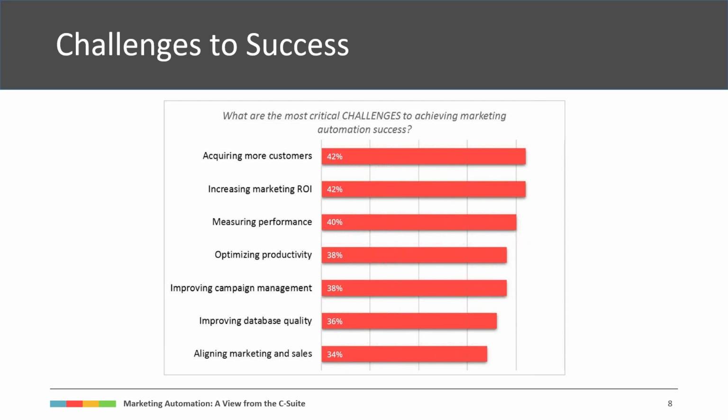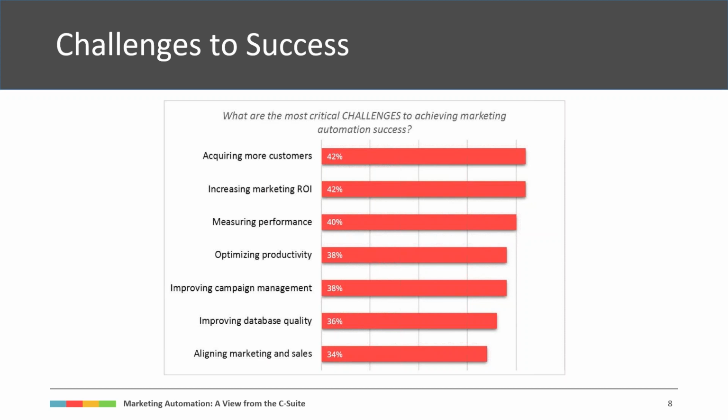Pretty evenly balanced with the need to improve the ROI, as well as measuring performance. So across this set of questions, it was pretty evenly balanced as to, here are our key challenges, and then how are we going to go about fixing these things?